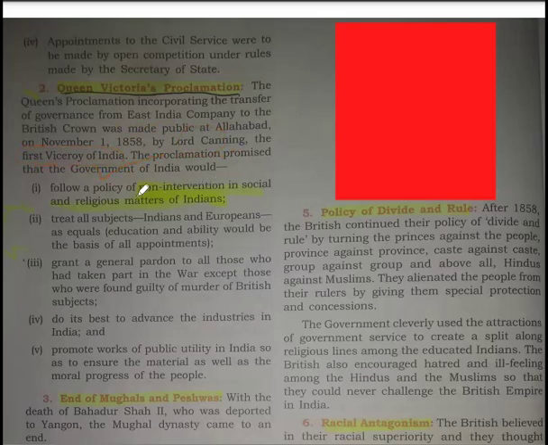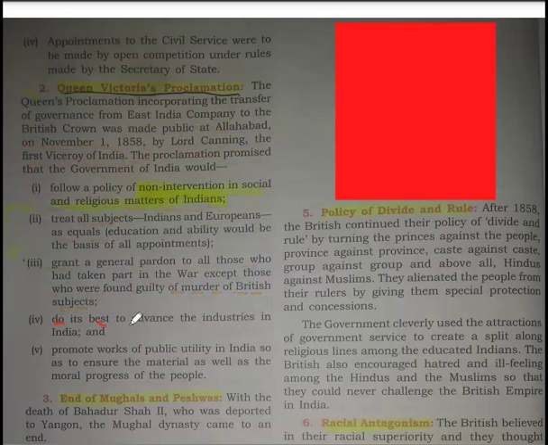The proclamation promised that the government of India would follow a policy of non-intervention in the social and religious matters of India, treat all subjects, Indians and Europeans, as equal, and grant a general pardon to all those who had taken part in the war except those found guilty of the murder of British subjects.